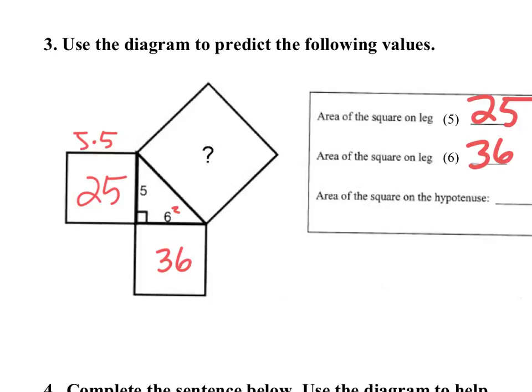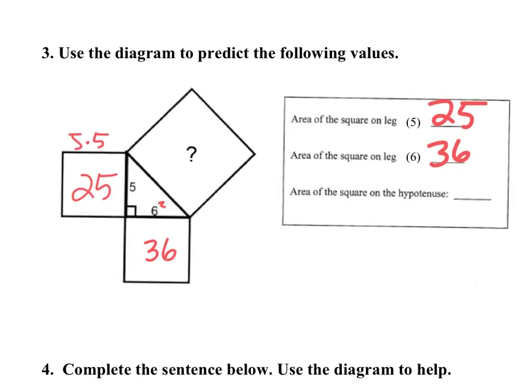If I want to get the area of the square on the hypotenuse, the problem right now is I didn't give you a side length. But that's not really a problem because you should be catching on to a pattern. William Pace O'Neill, what do you think it should be? 61. So if I add the two areas of the legs together, I get 61. So that has to be the area on the hypotenuse.